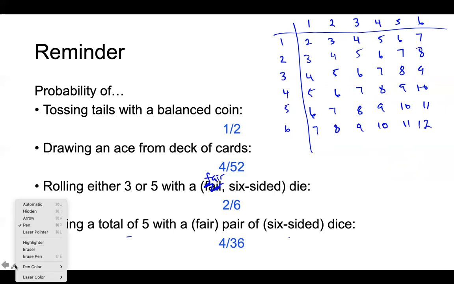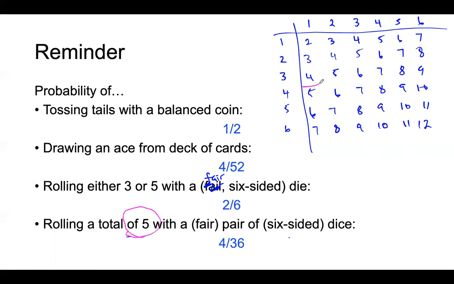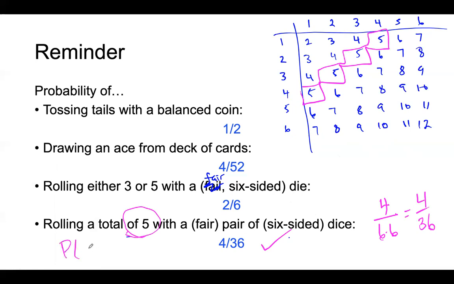And you see that if we roll a total of 5, we can get 5 here, here, here, here. So we get 5 four times out of the total, which is 6 times 6, so 4 over 36, which is that answer. So it's just about finding the probability that the sum is 5, which is 4 over 36.